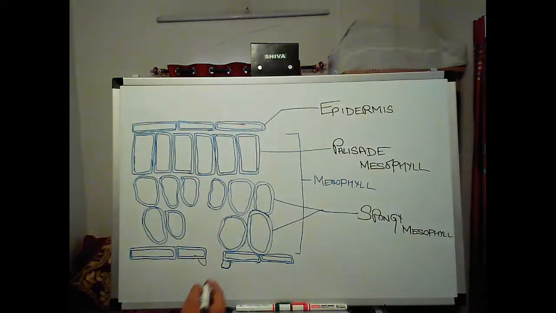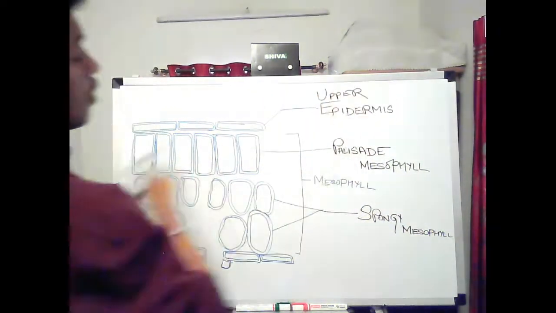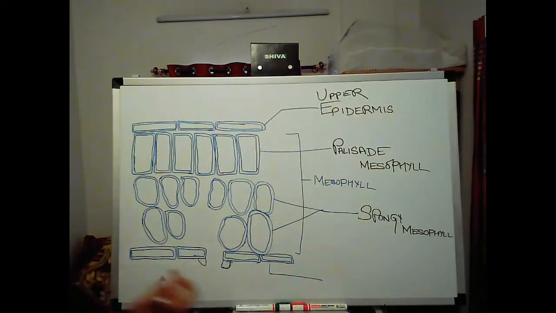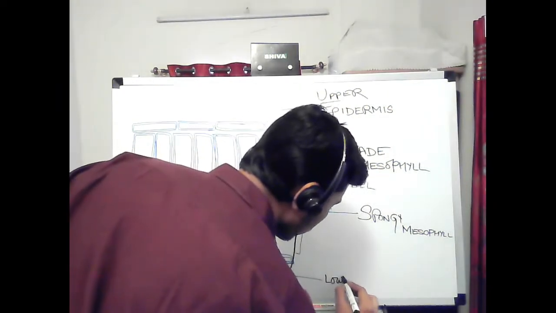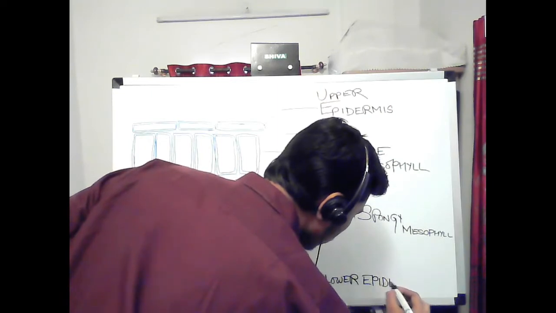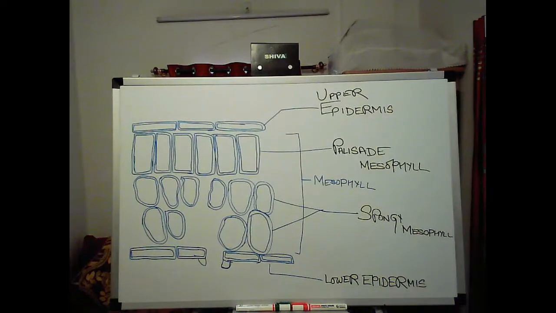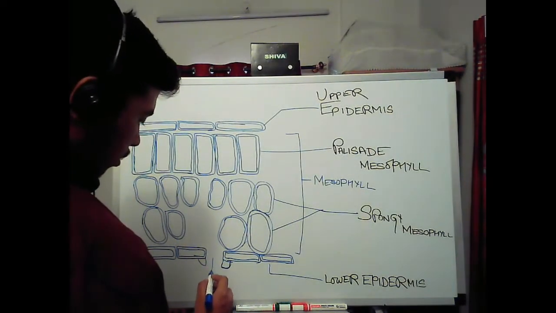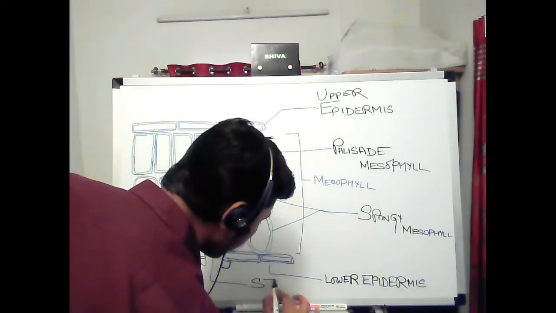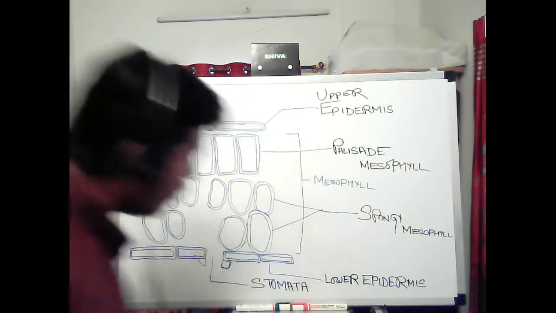This is the upper epidermis, and these are your lower epidermis. And this is your stomata. Stomata will be discussed in the next video.